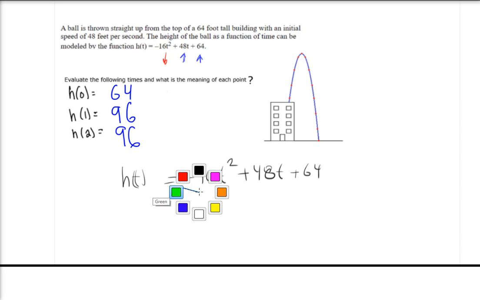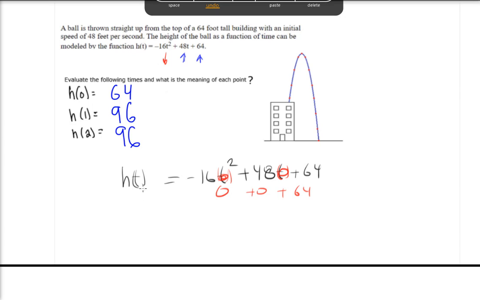So anywhere we see a t, we're going to replace it with 0. Okay, so 0 squared times negative 16 is 0. Anything times 0 is 0. 48 times 0 is 0. So 0 plus 64. That's why the initial height at 0 seconds is right where we started. So the height at 0 is just equal to 64.